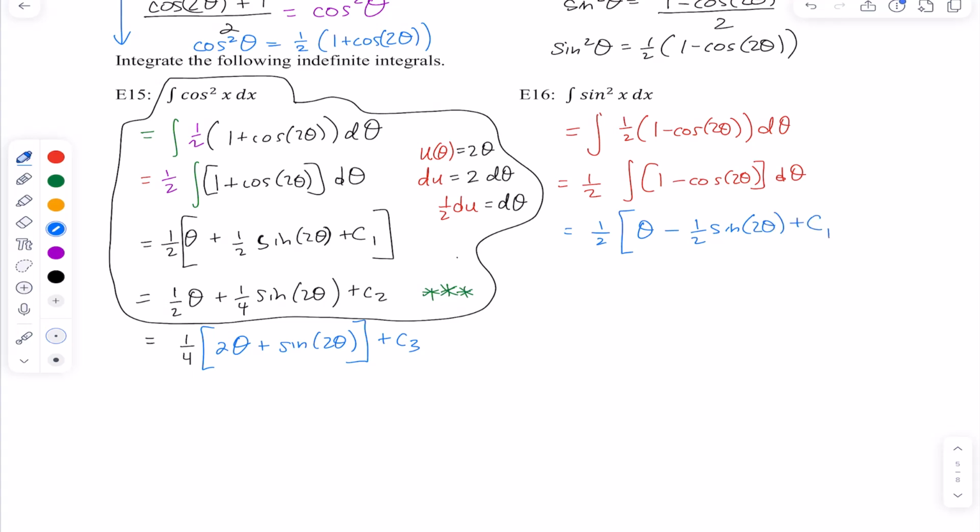You could also check your anti-differentiation with differentiation.